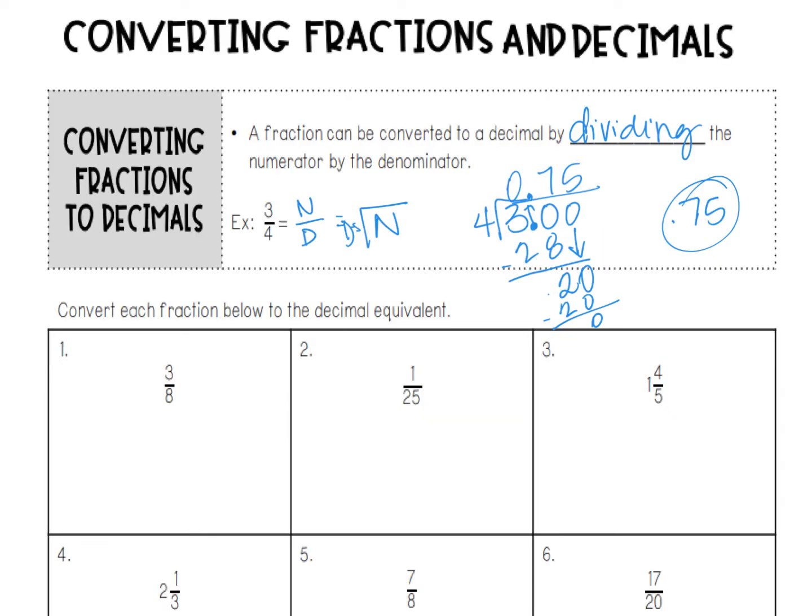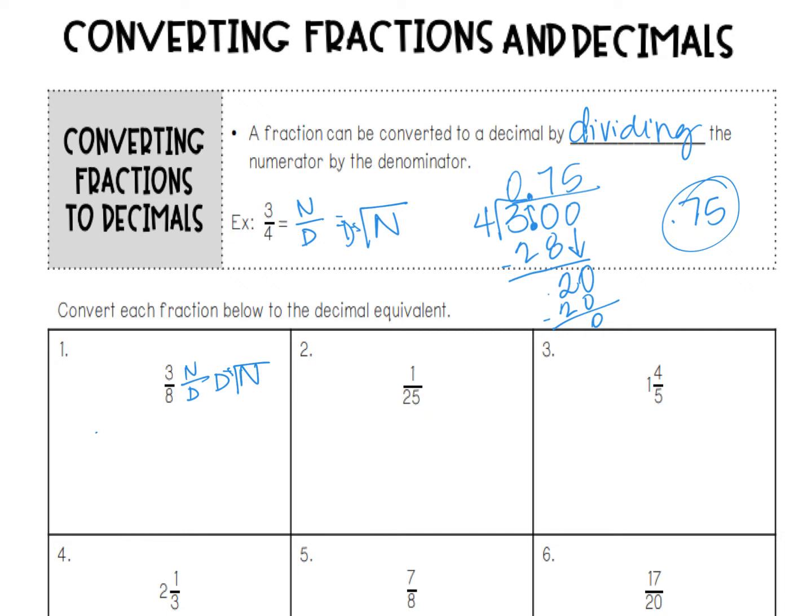Moving on to problem number 1, we have 3/8. The 3 is our numerator, and the 8 is our denominator. We know that our numerator goes inside the house and our denominator goes on the outside of the house. And now we can divide 3 divided by 8.